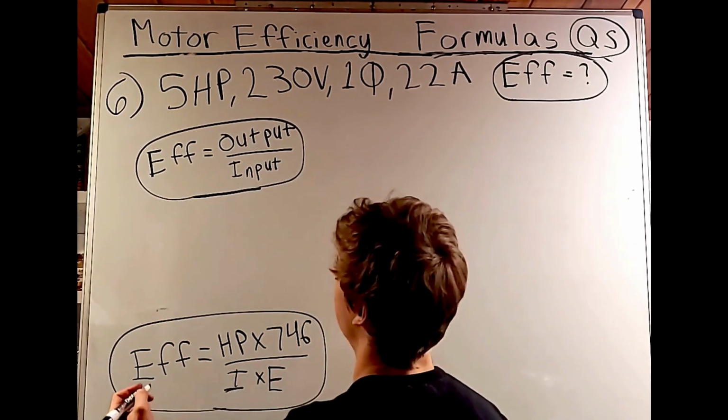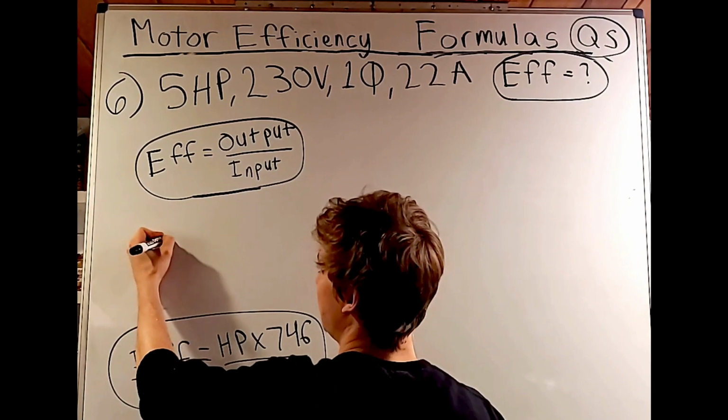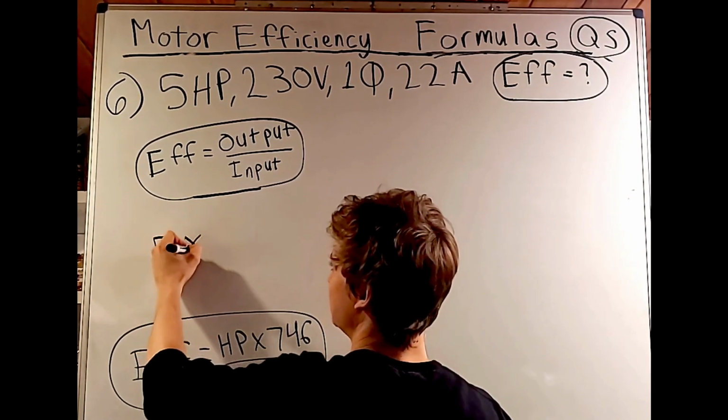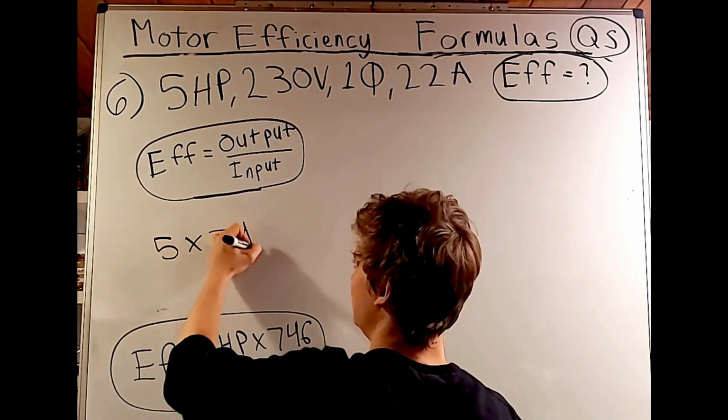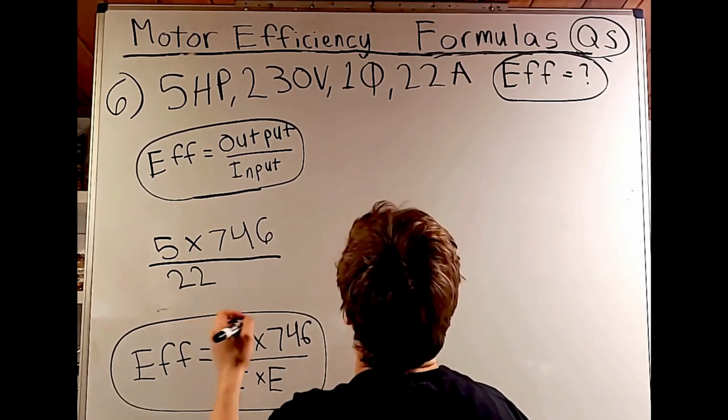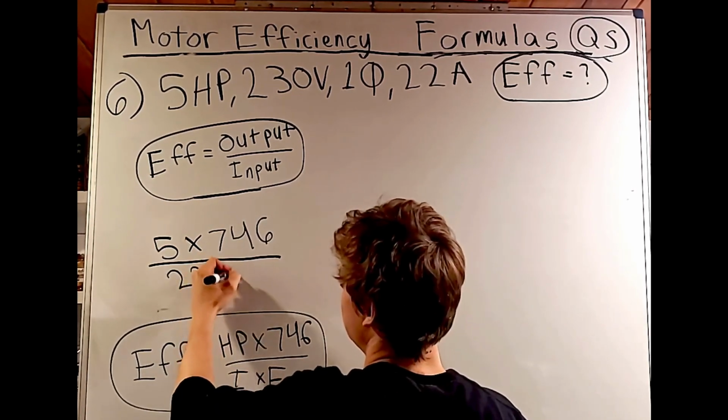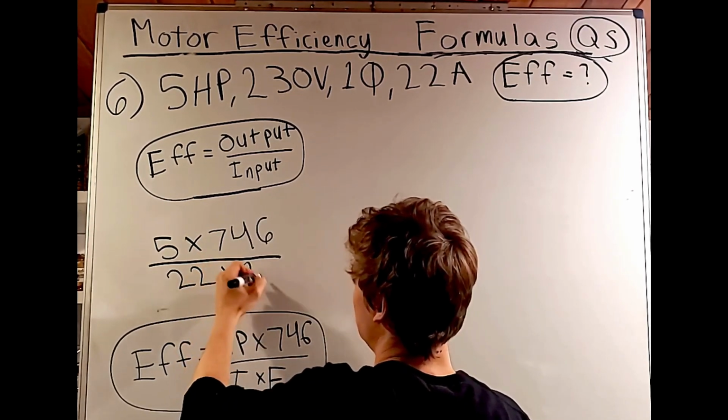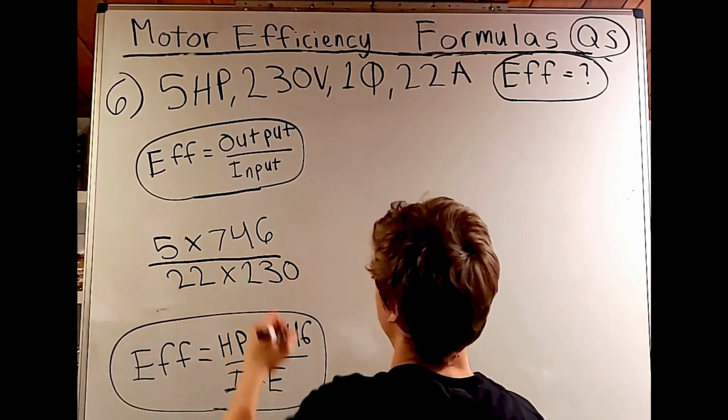And just like before, we're plugging everything in. We have the 5 horsepower times the constant, 746, over the current, 22 amps, times the volts, 230 volts.